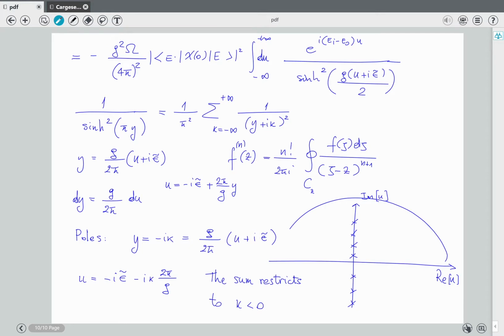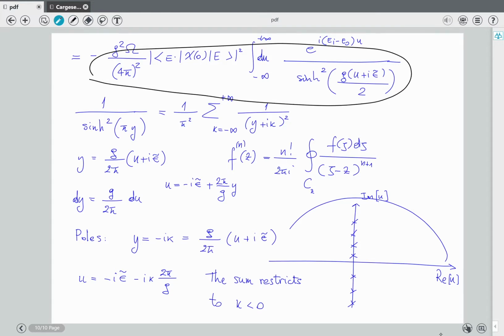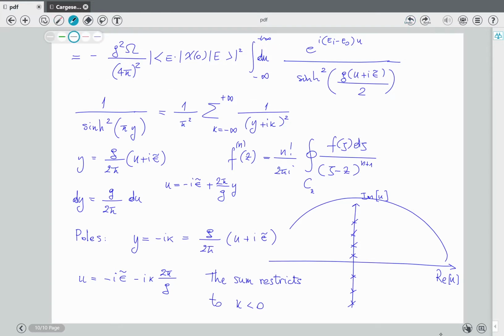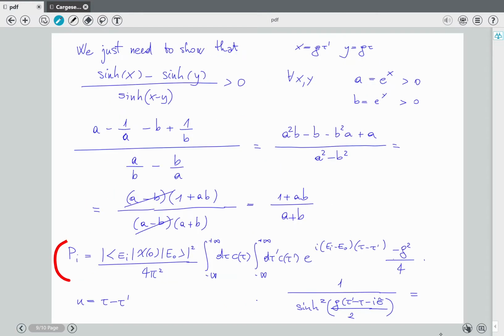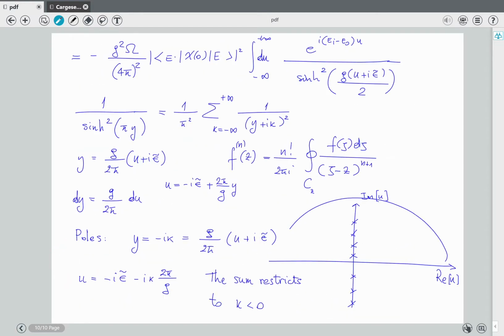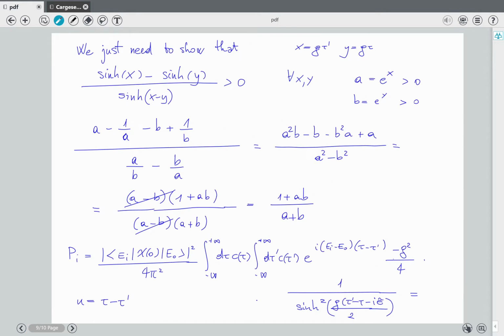We want to complete the computation of the transition probability of the Unruh effect. We found this formula here for the probability, we call it Pi, that the detector detects something.